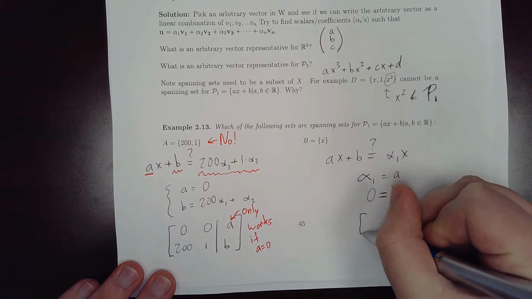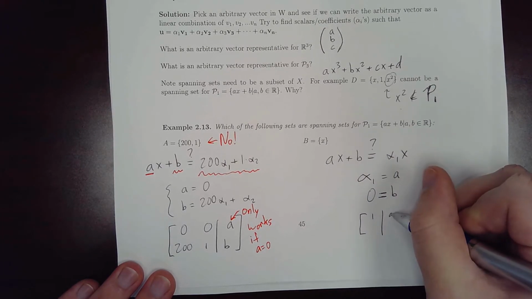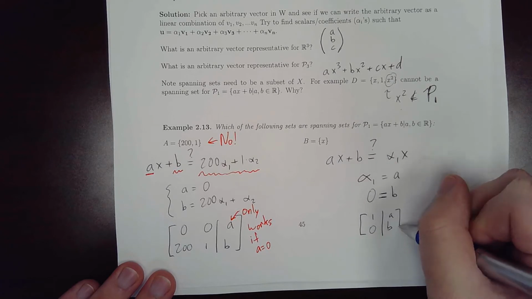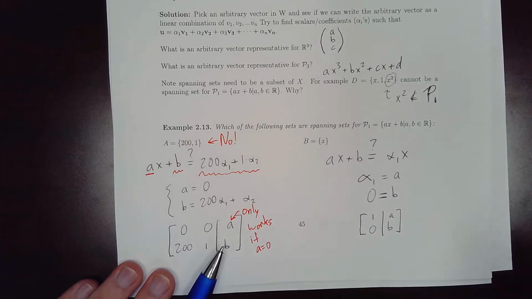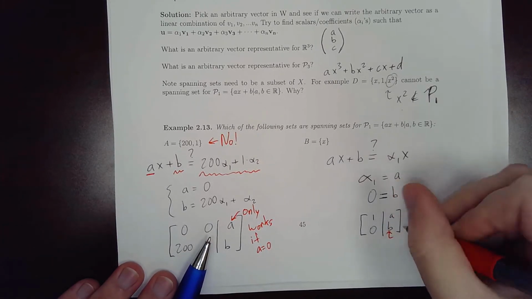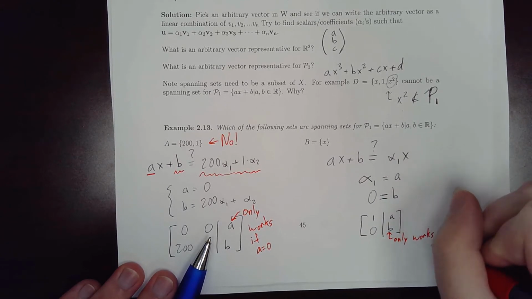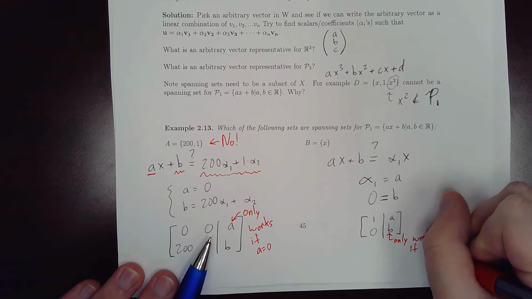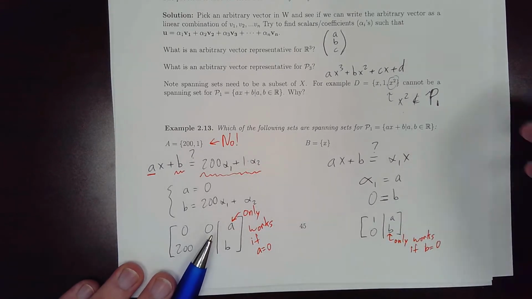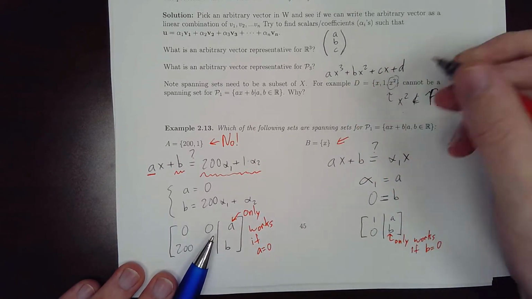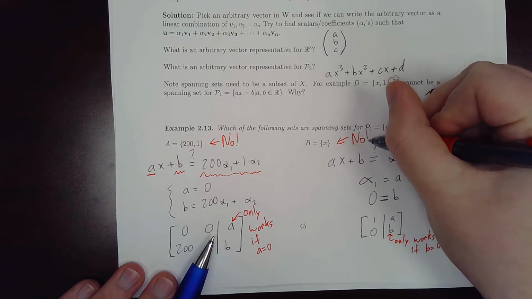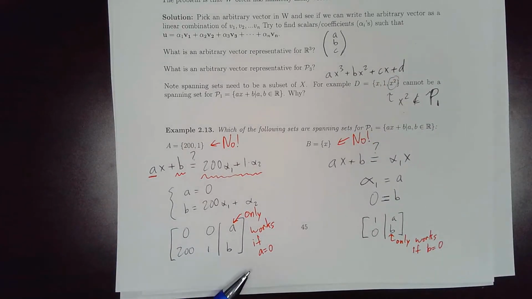And so here we get a much smaller system. We get 1, a and 0, b. And similar to before, this one will only work if b equals 0, so if the constant portion is 0. So overall, this set B is not going to be a spanning set for P1.